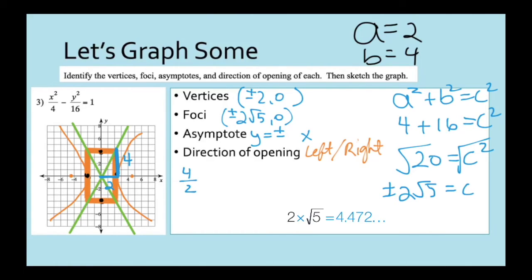We could have done the square root of the number under the y divided by the square root of the number under the x, which would be the same here, which is 2. So my slope is 2. y equals plus or minus 2x is my equation. I have found everything I needed for this problem. Let's move on to the next one.